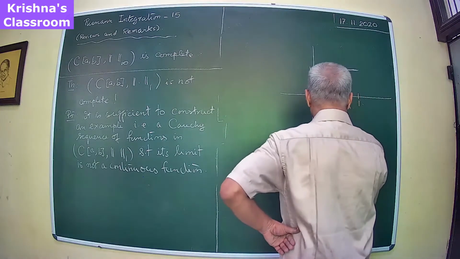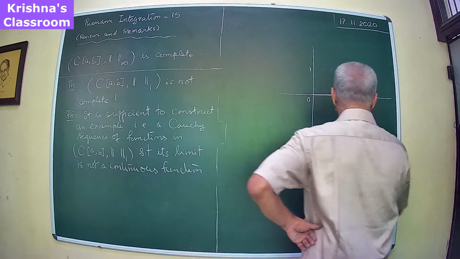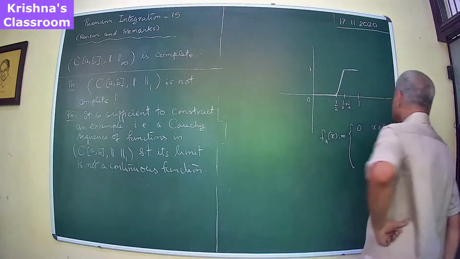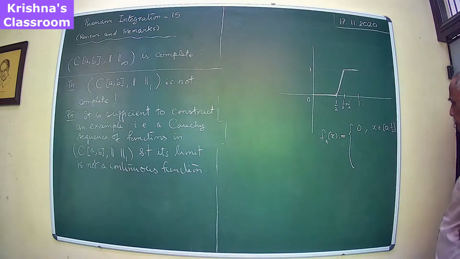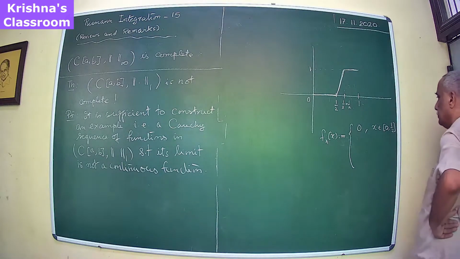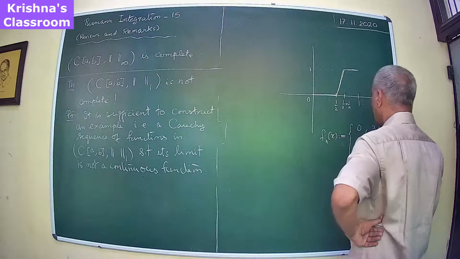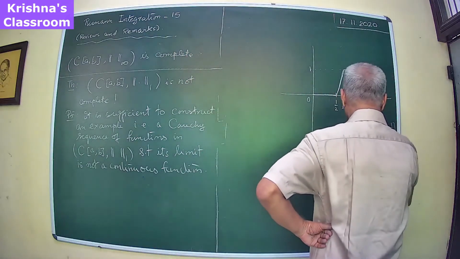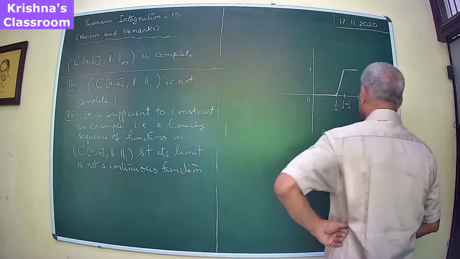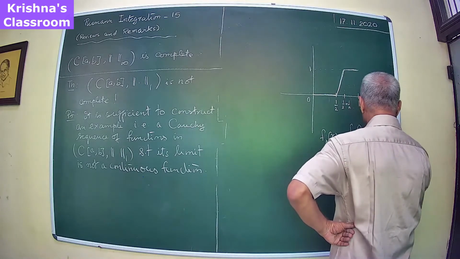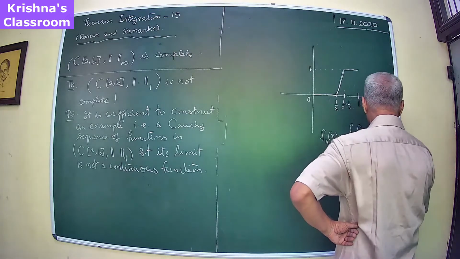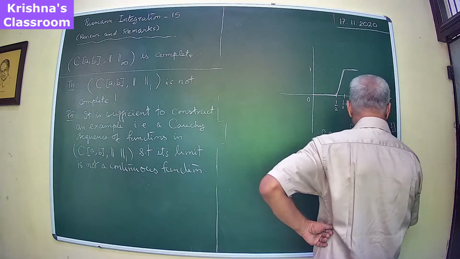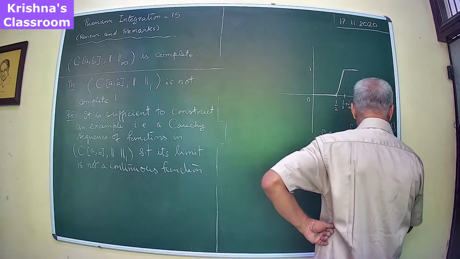Okay, so let us define the function. f_n(x) is 0 for x belonging to [0, half], n times (x minus half) for half less than or equal to x less than or equal to half plus 1 by n, and equal to 1 for x from half plus 1 by n to 1.